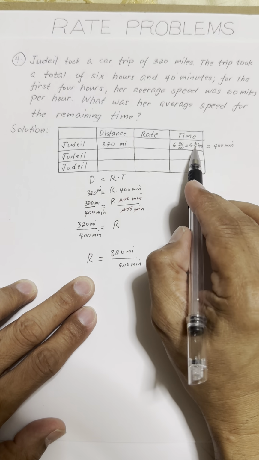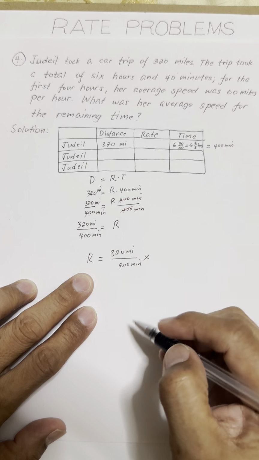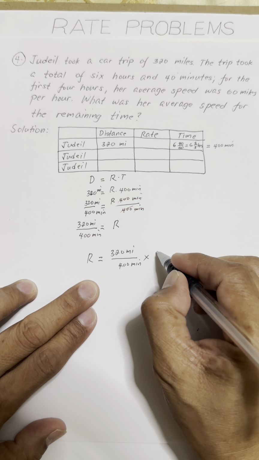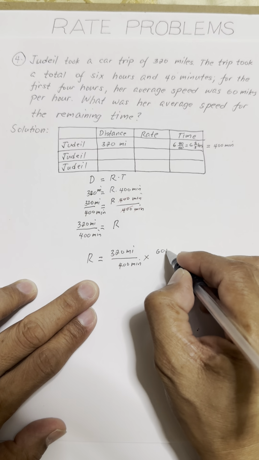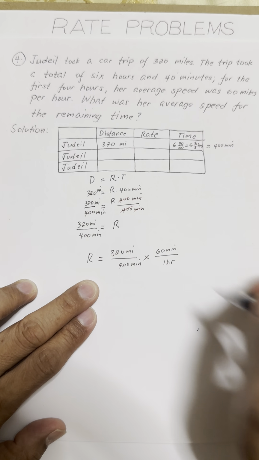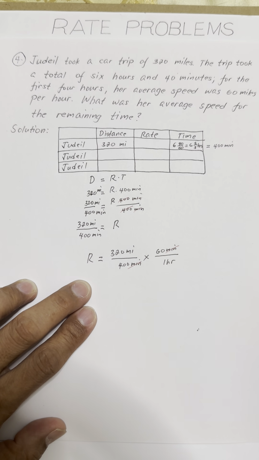You can use this instead of hours, but for me, it's easy to manage this in terms of minutes. So I just convert this into hours. So we have 60 minutes in 1 hour. So the minutes at the numerator cancels out with the minutes at the denominator.